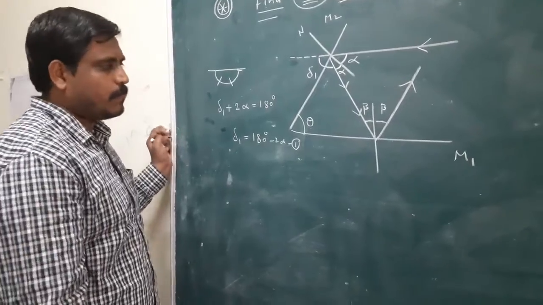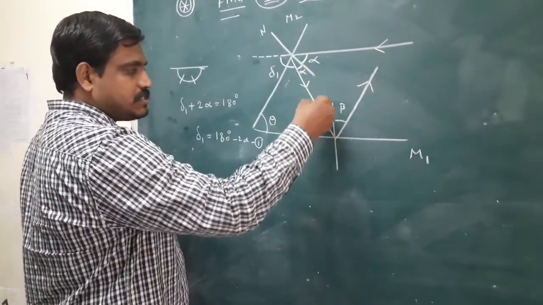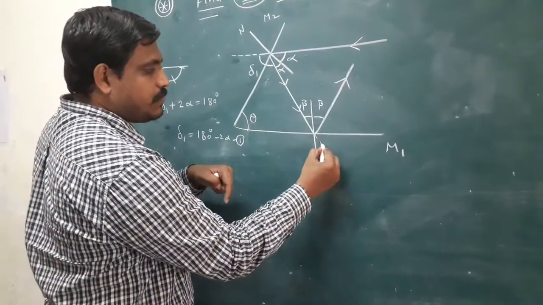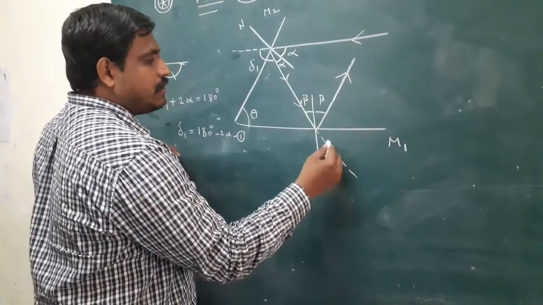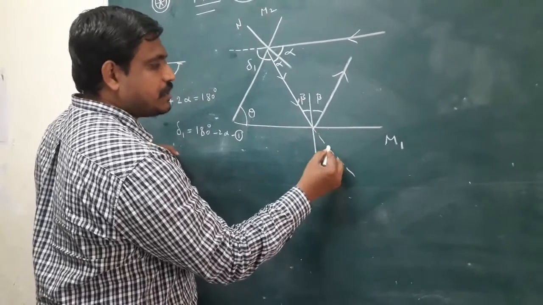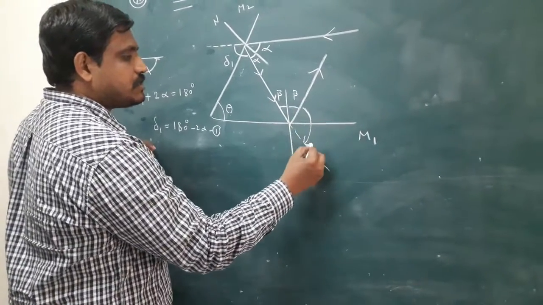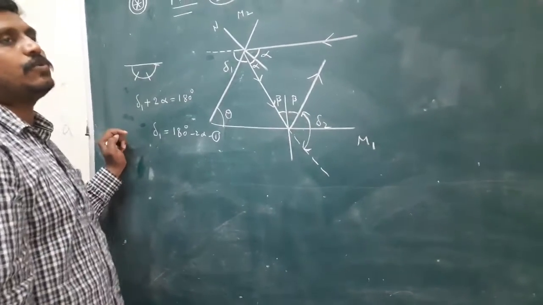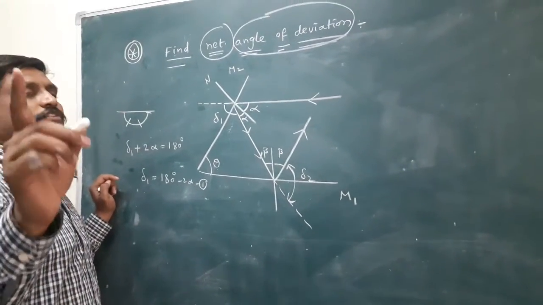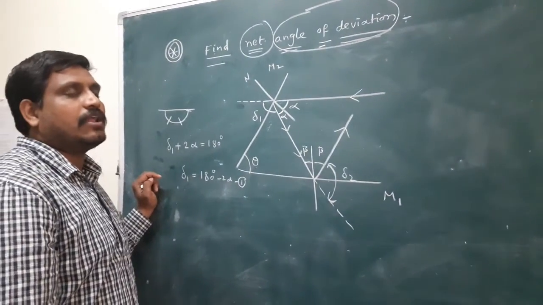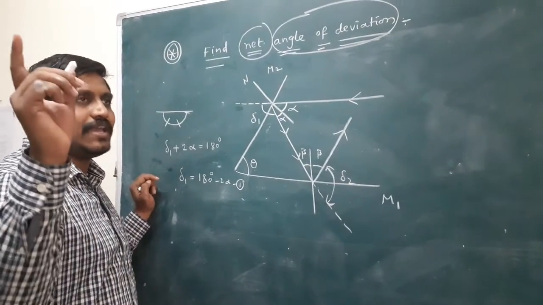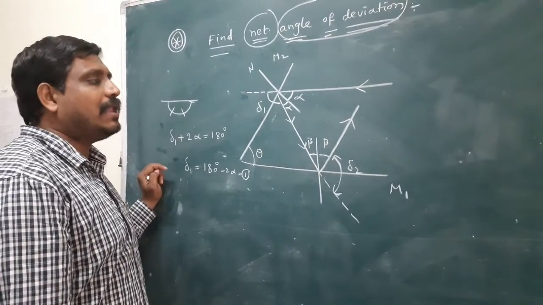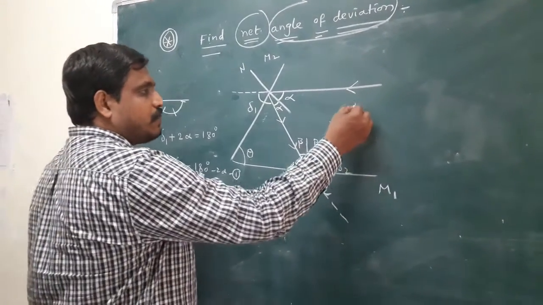Equation number 1. This is the incident ray on this mirror. This will be extended. The angle between the direction of the incident ray and the reflected ray is the angle of deviation. This is called delta 2. Once again, the definition of angle of deviation is the angle between the direction of the incident ray and the reflected ray.